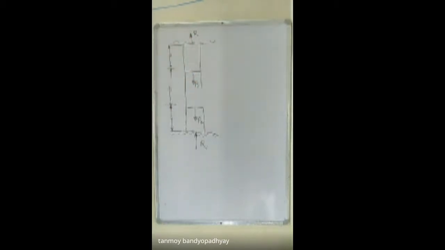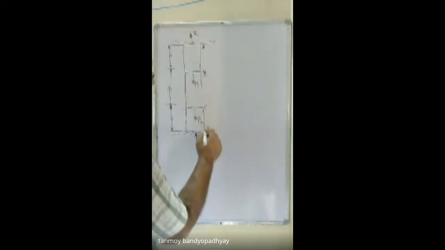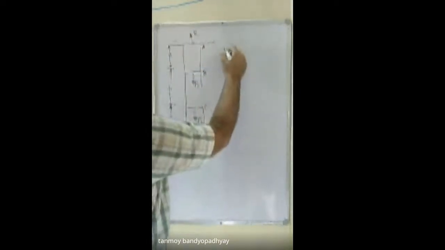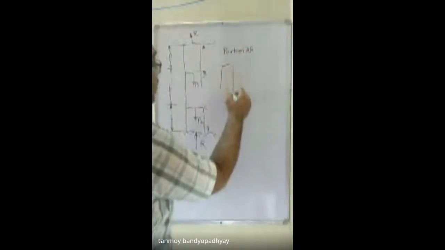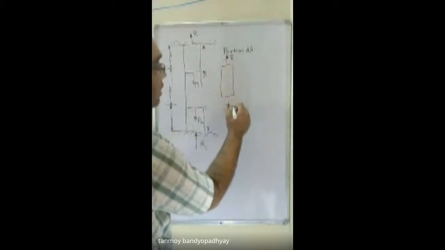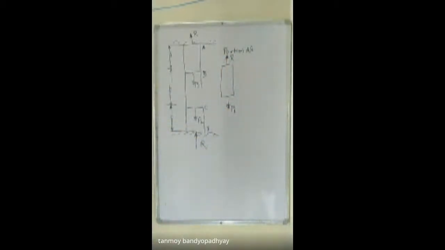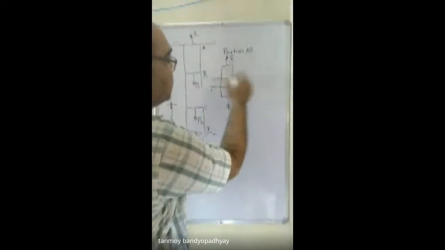So the thing is, suppose let us call these points AB and CD. For the portion AB, there is a reaction force R and there is a load of P1. Once you see that if I take a section somewhere here and somewhere here, XX1, both will be having the same loading pattern, because between these two forces there has been no change in the loading.